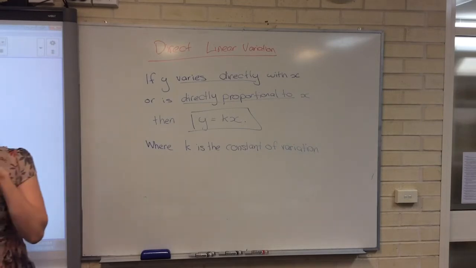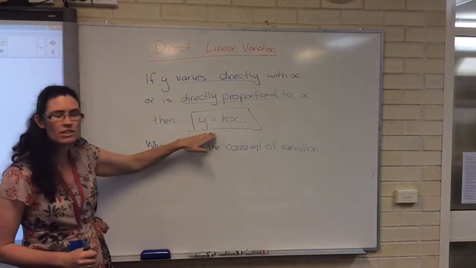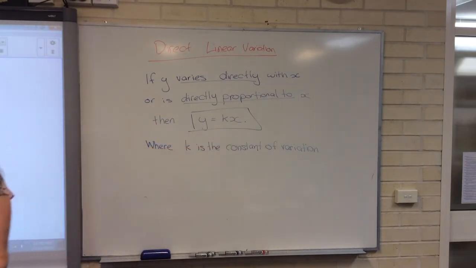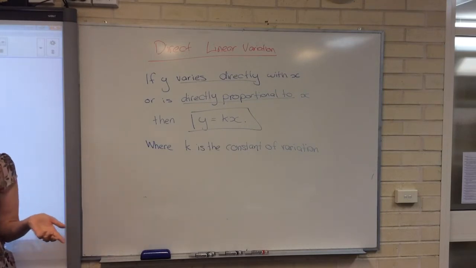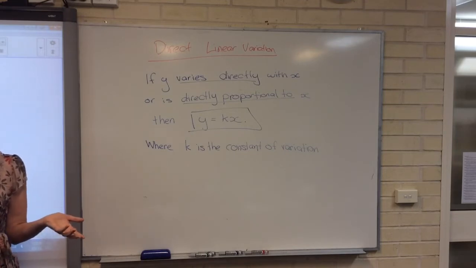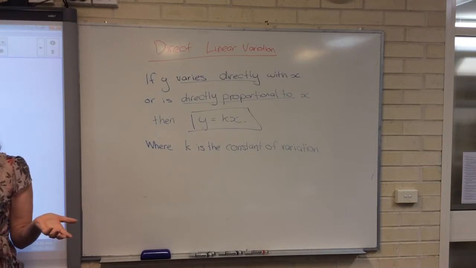Now if I was going to draw this on a straight line, this looks like the y equals mx plus b equation, but no plus b. What does the b part of that equation tell me? Y-intercept. So if the y-intercept is not there, what does that mean? Your y-intercept is 0.